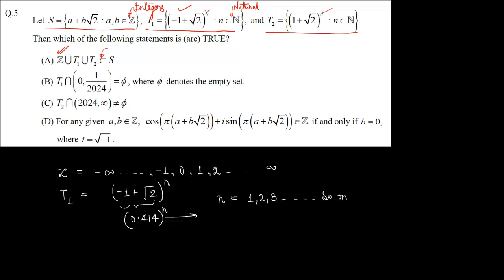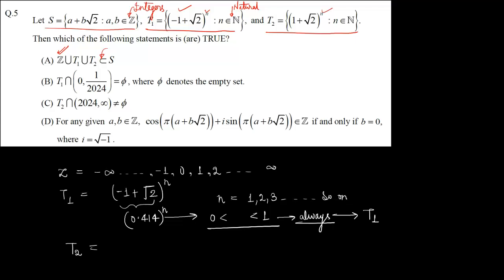So this expression, for any natural number, will always give a value lying between 0 and 1. So T1 will always lie between 0 and 1. Now let us see T2.